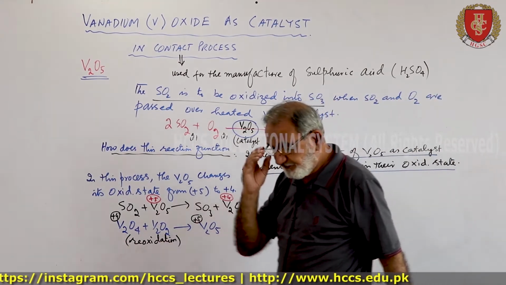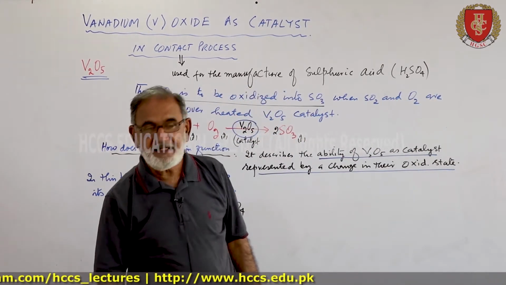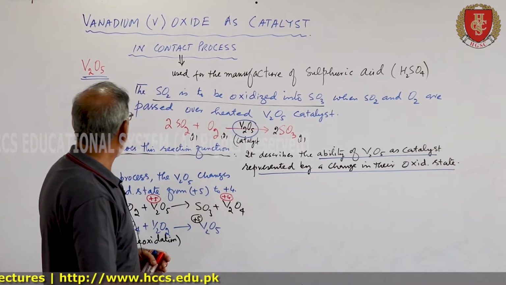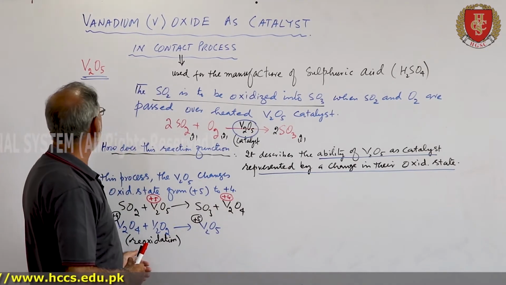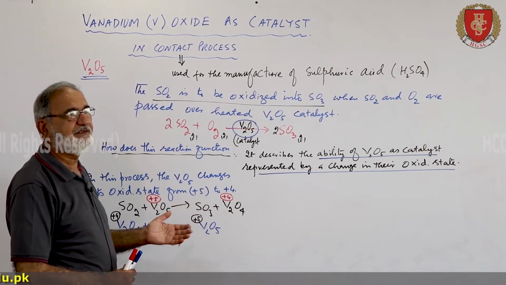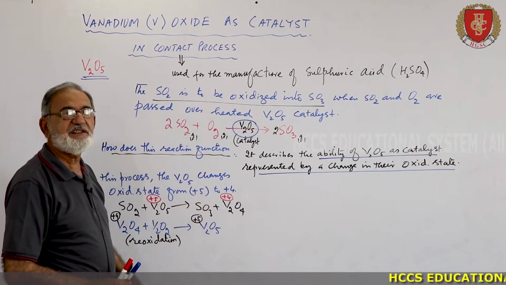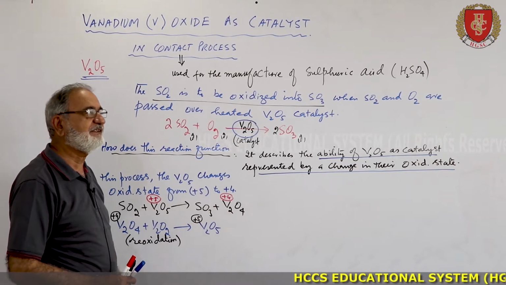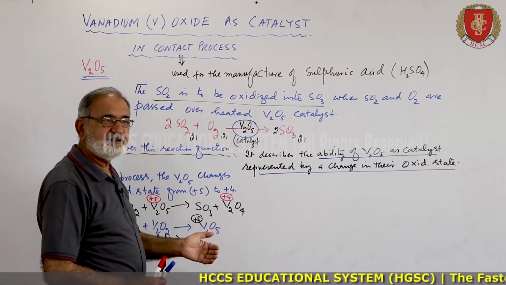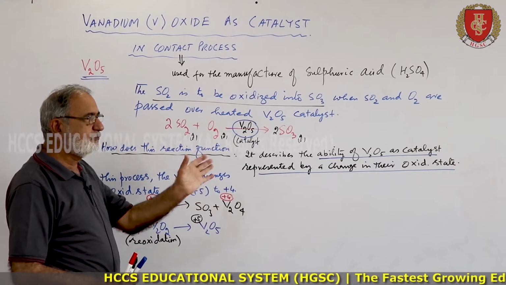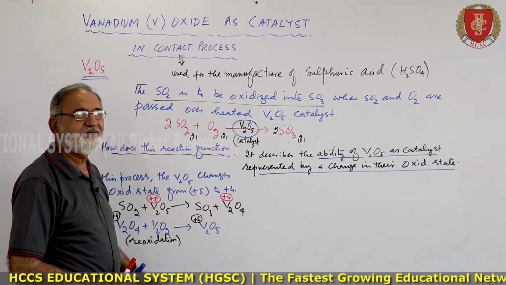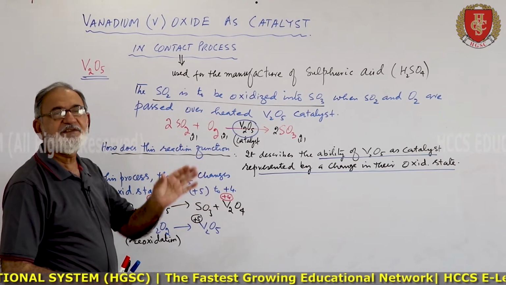Usually a catalyst accelerates the reaction, speeds up the reaction, and decreases the energy of activation, the energy required to convert the reactant into the product through the formation of some unstable activated complex.